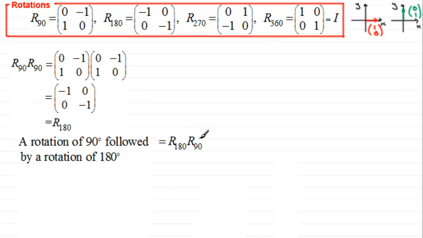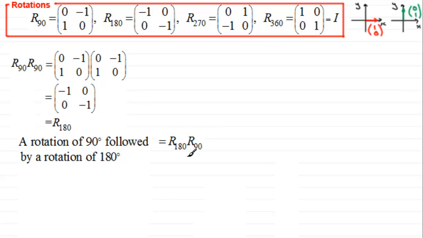Because remember, if you were doing this on a shape, your shape matrix would be written, say, here, and you would do a rotation of 90 degrees on the shape matrix first. You'd get an answer, and then you would rotate that by 180 degrees. So, hope that makes sense, okay?